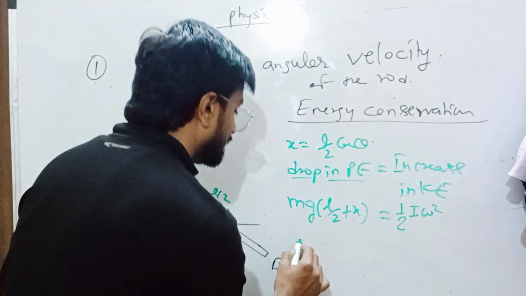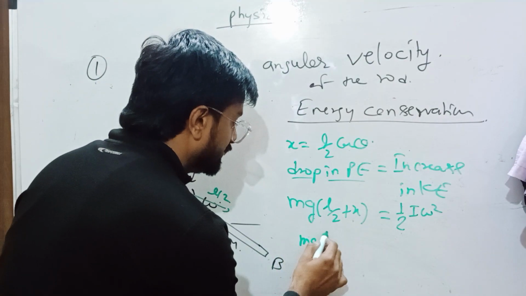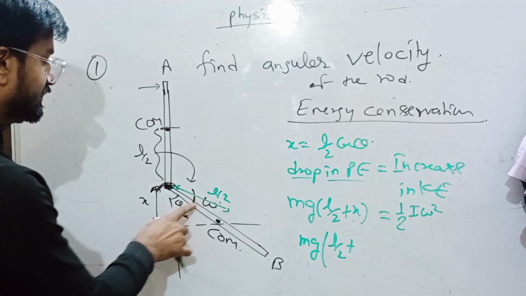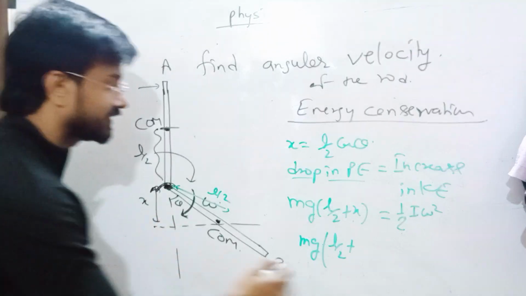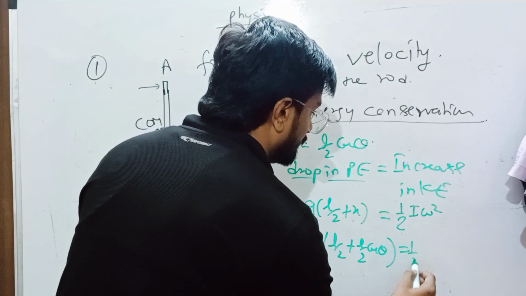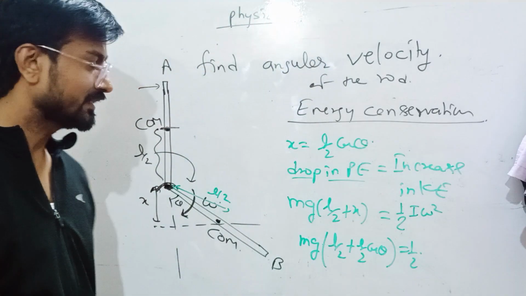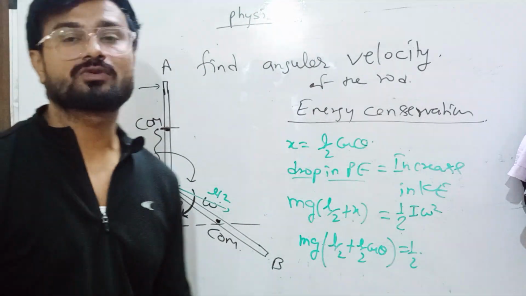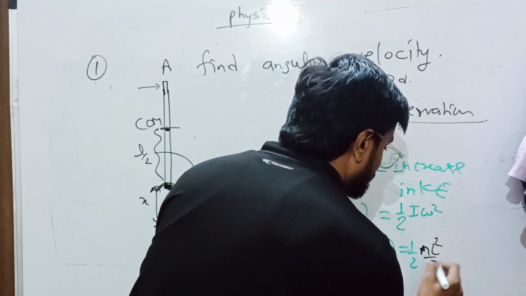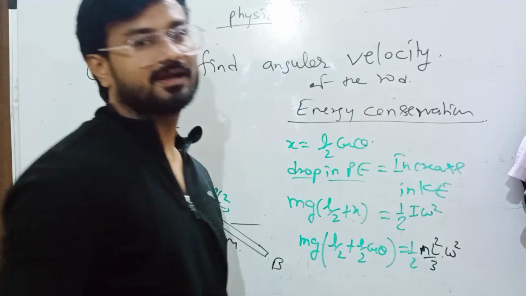Let's write down the value of x here also: L by 2 plus x is equal to L by 2 (1 plus cos theta), with x equal to L by 2 cos theta. Now what will be the I here? I can be written as ml square by 3, we know it already, multiplied by omega square.